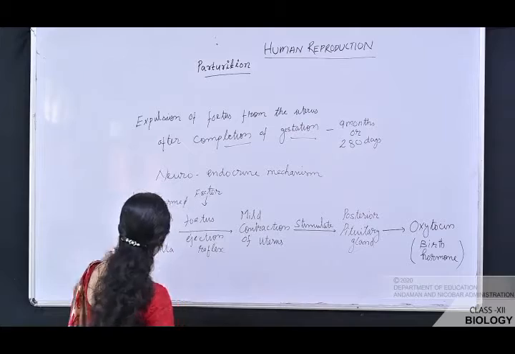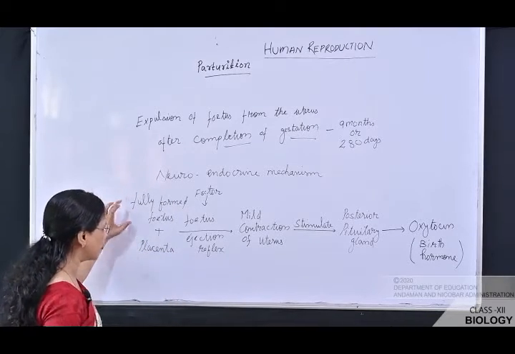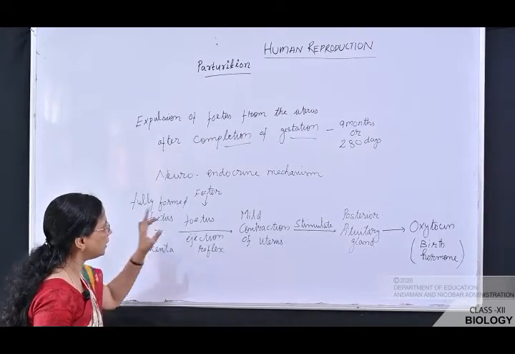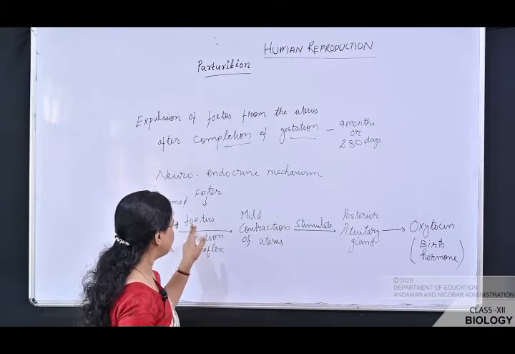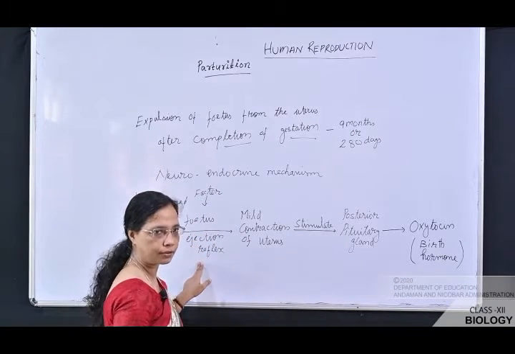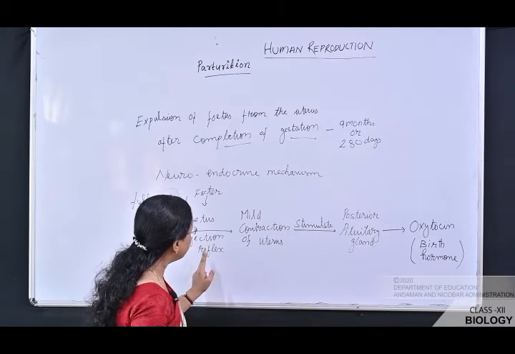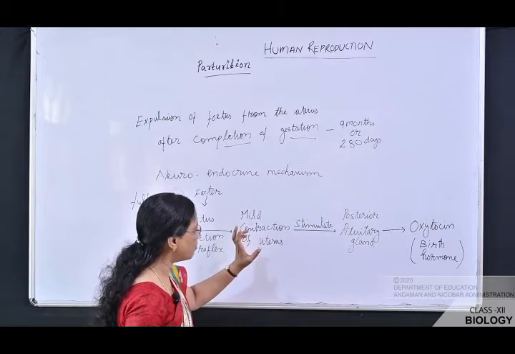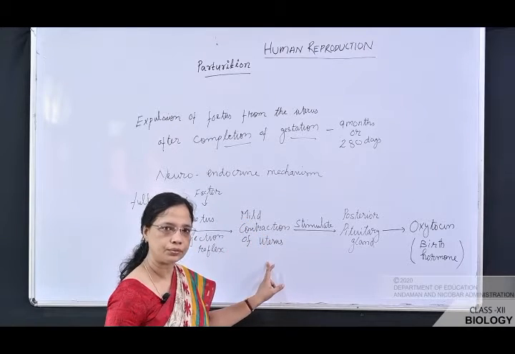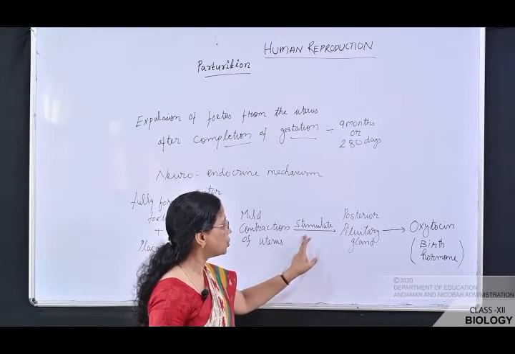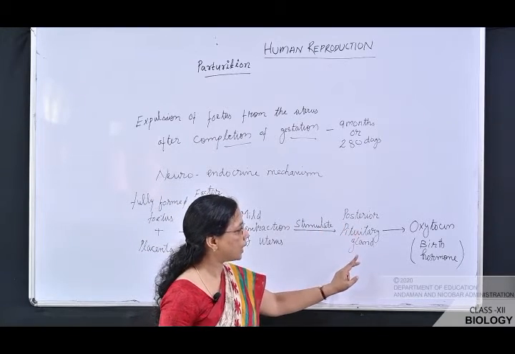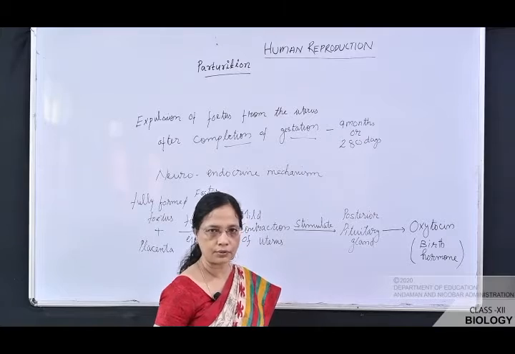So what we have seen: a fully formed fetus and the placenta release a factor. That factor causes the fetus ejection reflex, and this reflex causes a mild contraction of the uterus. This mild contraction stimulates the posterior pituitary gland to produce oxytocin.